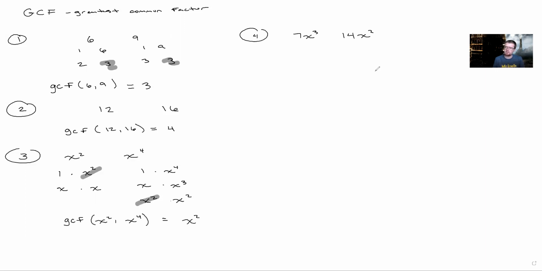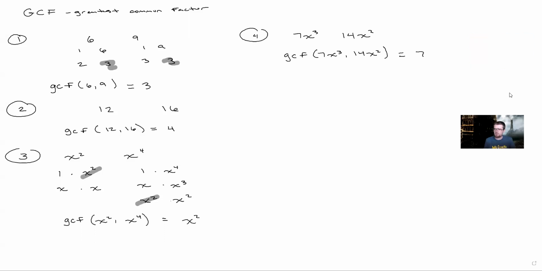If you have both an integer and a variable component, then you are looking for first the greatest common factor of the integers, and then the greatest common factor of the exponential terms. So the greatest common factor of 7 and 14 would be 7. 7 goes into both. And then the greatest common factor of x squared and x cubed would be x squared. Okay.